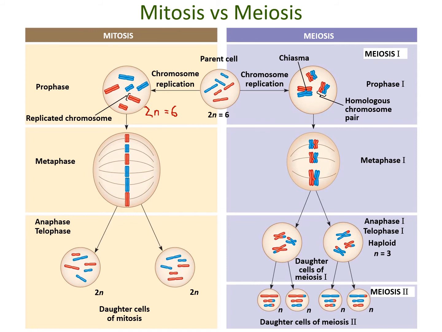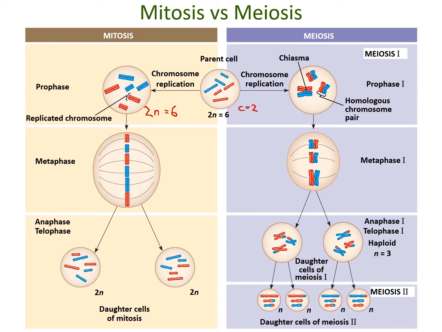Now the C value is higher than it was. It's doubled. We started with a C value of 2, and that's because we have twice the amount of DNA that we would see in the lowest value, which is found in the gamete. And we'll come back to that. So the original cell, 2n equals 6, C equals 2.